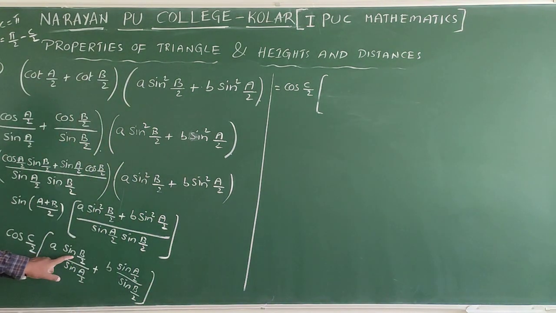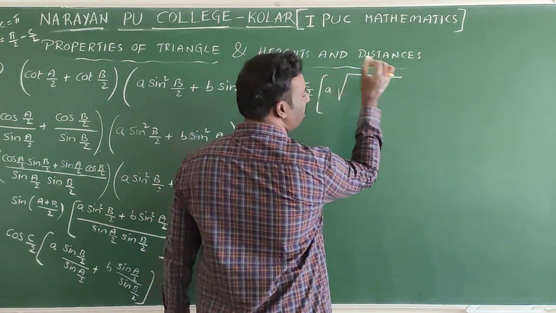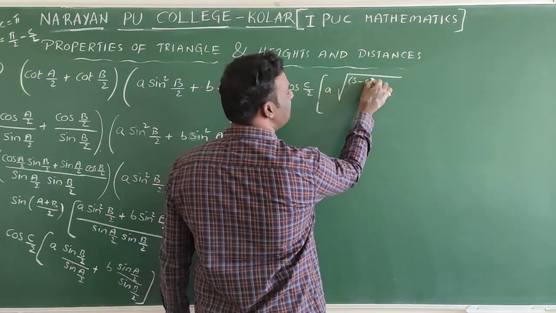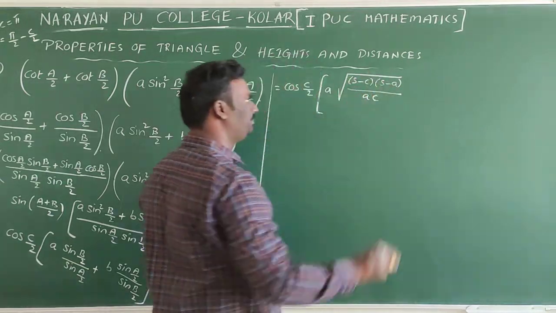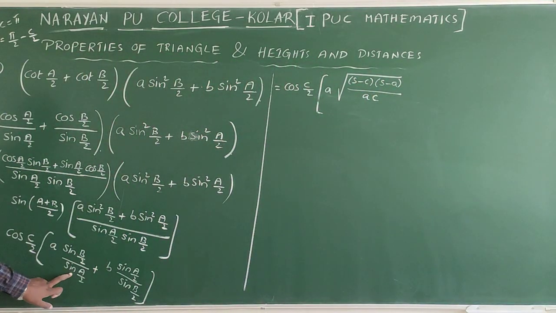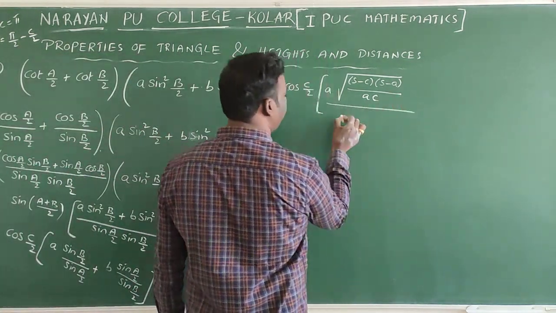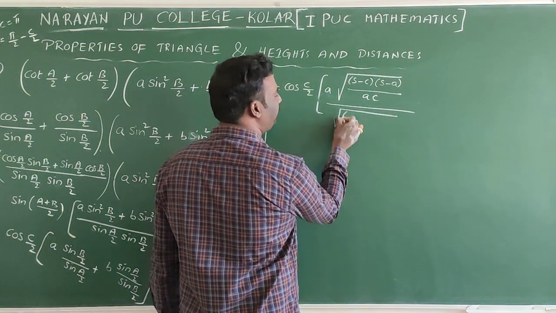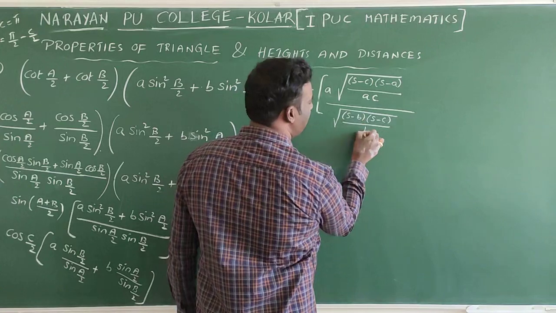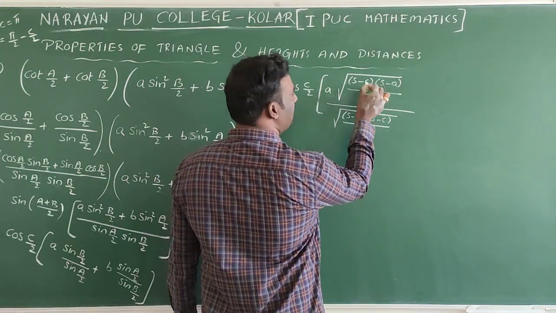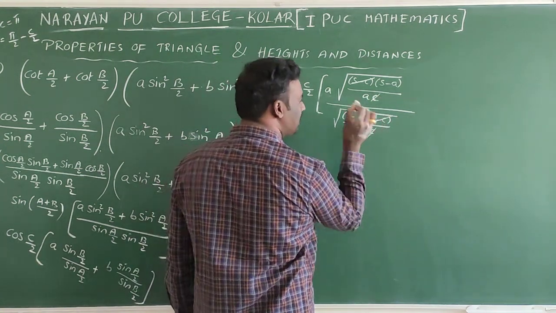So half angle formulas I am applying. A into, what is the formula for sin B by 2? Under root of s minus c into s minus a by ac, by denominator sin A by 2, under root of s minus b, s minus c by bc. Now here s minus c gets cancelled, c and c get cancelled.